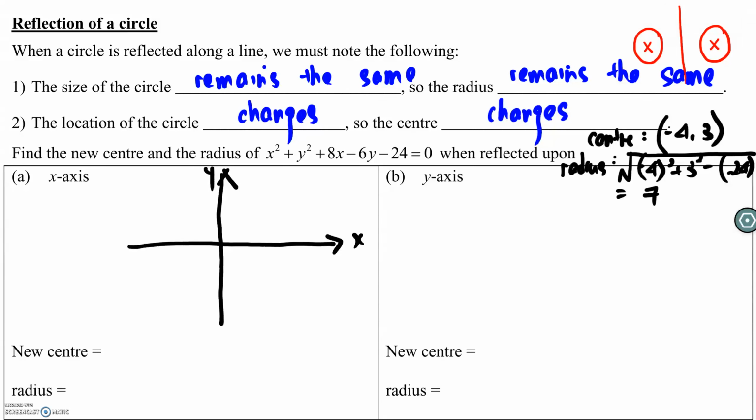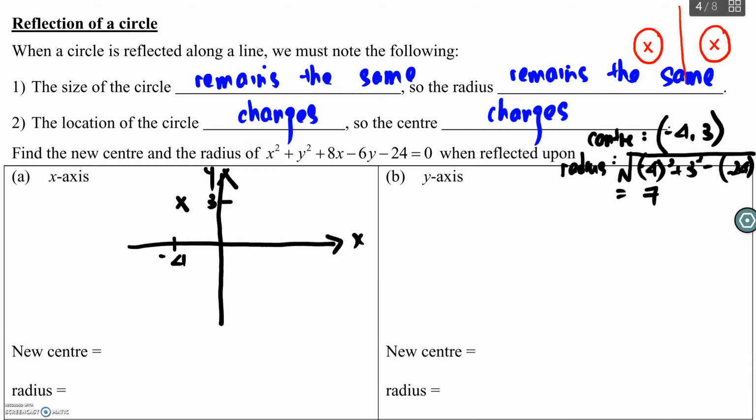Let us indicate the center. Since the size of the circle, or rather the radius, remains unchanged, I'm not going to draw the circle, but rather I will only draw the center.